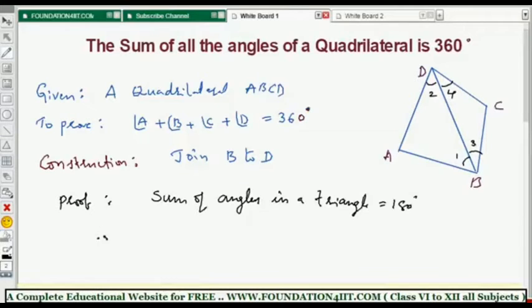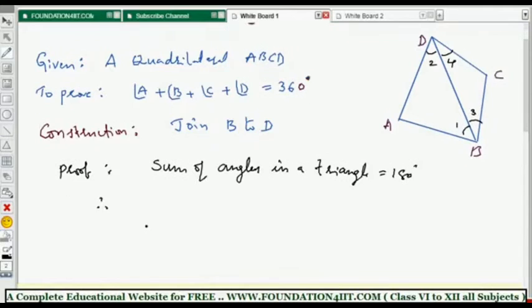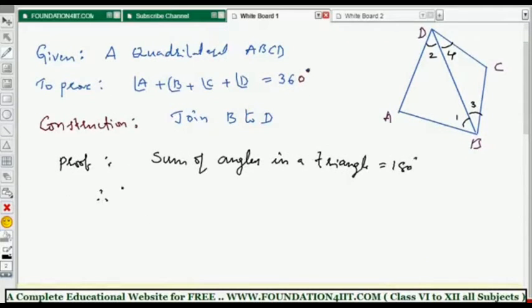Therefore, using this, first from triangle ABD: angle A plus angle 1 plus angle 2 is equal to 180 degrees, right? We know it.